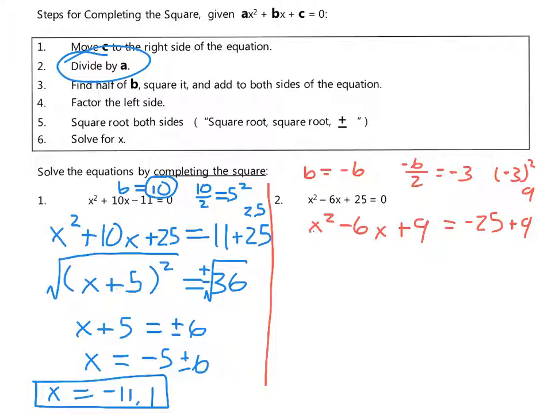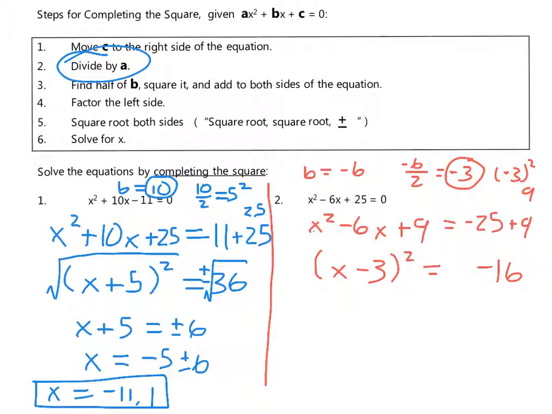And again, the reason we do that, it creates a perfect square trinomial on the left, which means it is factorable. X minus 3, because negative 3 was the value before we squared it, equals negative 16.